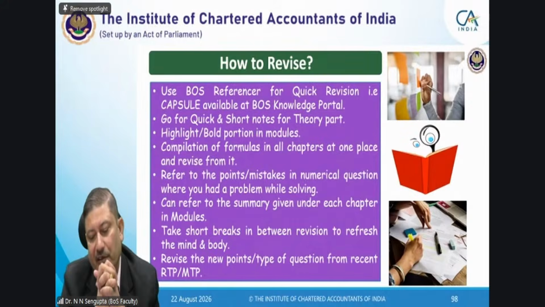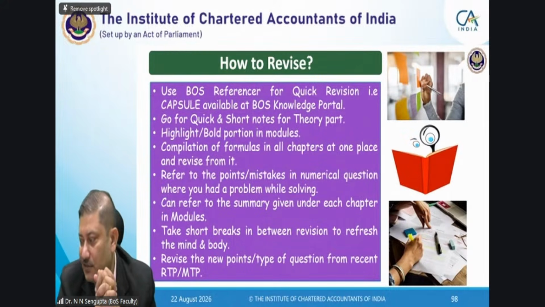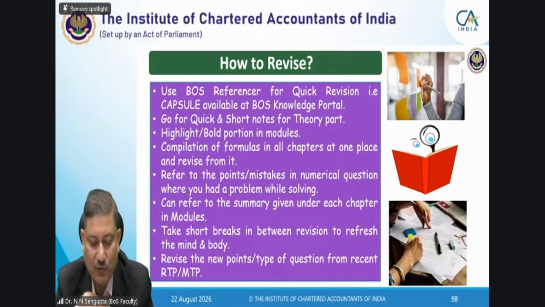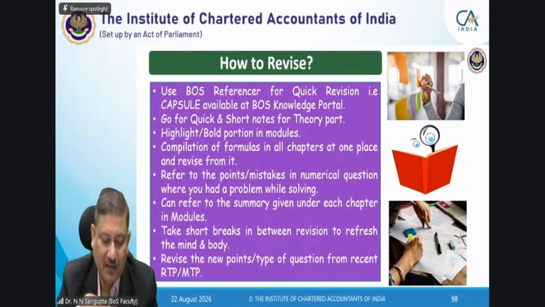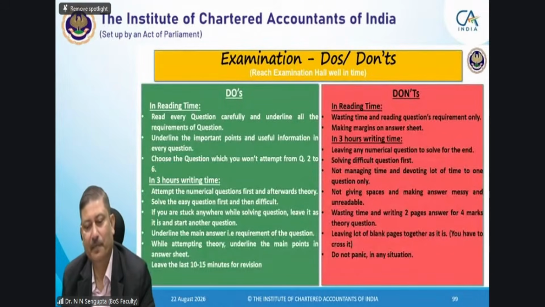Refer to the points of mistake in numerical questions. Whenever you have a problem, you can prepare your error book also, so that you can write down all the problems, all the errors, all the mistakes there. Take a short break in between, so that you can keep your mind fresh. Revise the new points and types of questions in your revised RTPs.